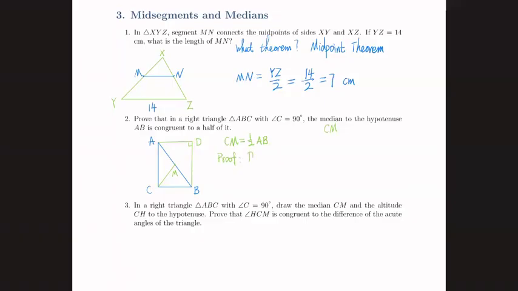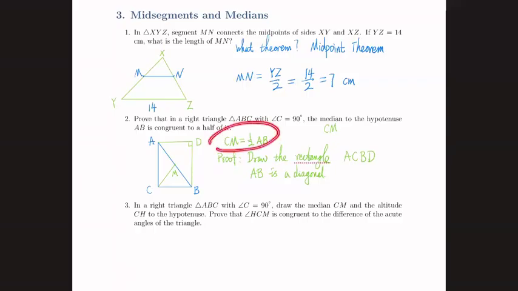Draw the rectangle ACBD. We know that AB is a diagonal. Well, that's the setup.